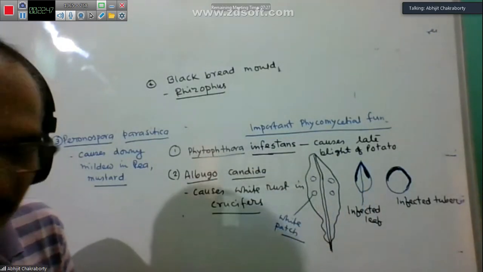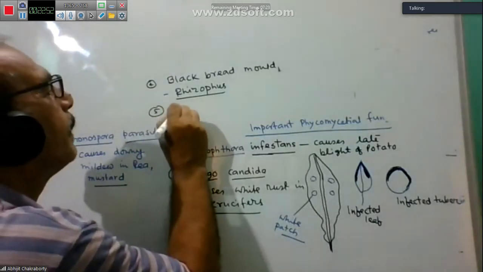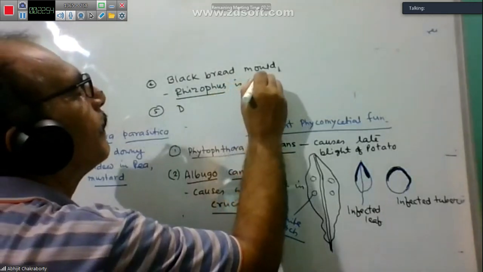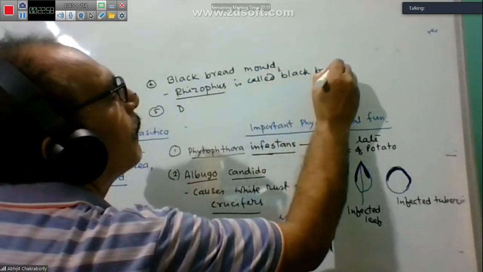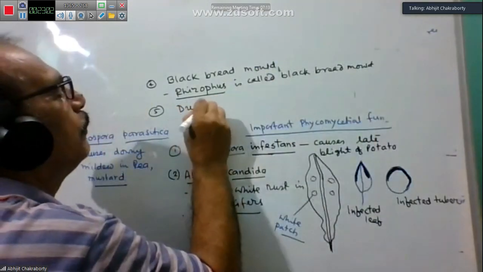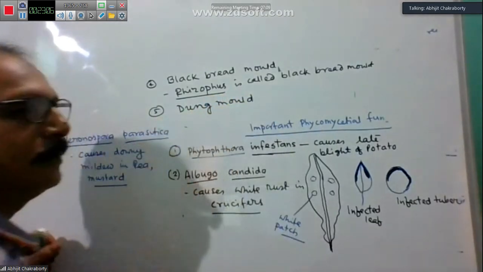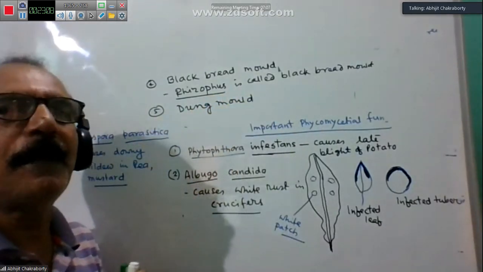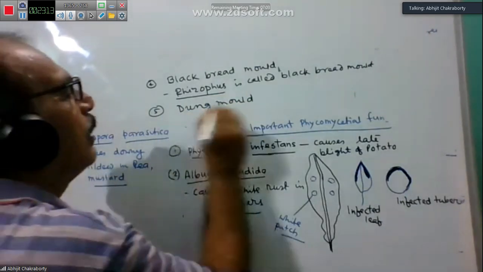Next comes another one. Dung mold. This phycomycetial fungus grows on dung and is called dung mold.